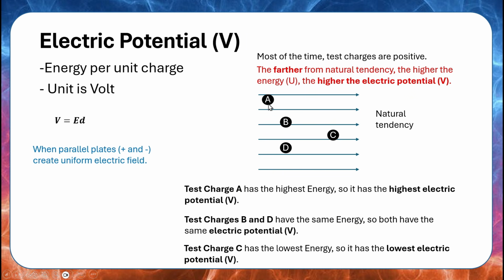Test charge A has the highest energy because it's the farthest from the arrowheads, where our negative plate is located, and test charges B are the second highest, and they have the same electric potential because they have the same distance from the negative plate that is now invisible here. And test charge C has the lowest electric potential because it has the lowest energy, and it's closer to the zero reference point, or the natural tendency, the negative plate. Okay, so I hope that you will not be tricked by that.